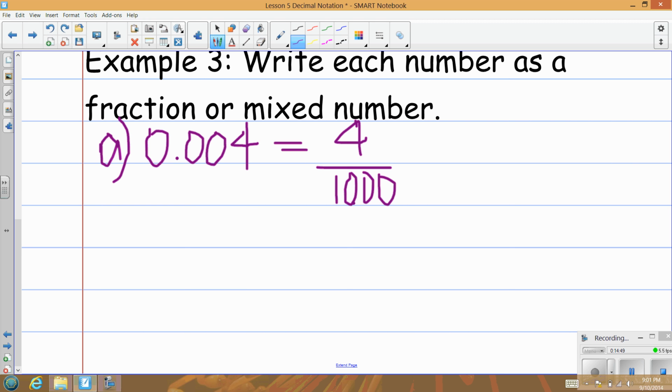You can also think of it as 1,000 has 3 zeros, so it's got to be 4 divided by 1,000.